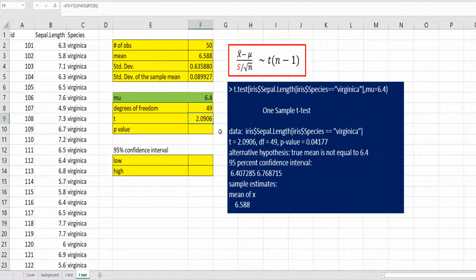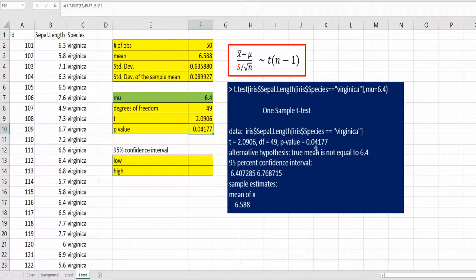Right, this is the same as our output here. And the p-value is 1 minus the t distribution at the t value here, comma, degrees of freedom equals 49, comma, true. Again, it is a two-sided test, so we need to multiply by 2 here, right?